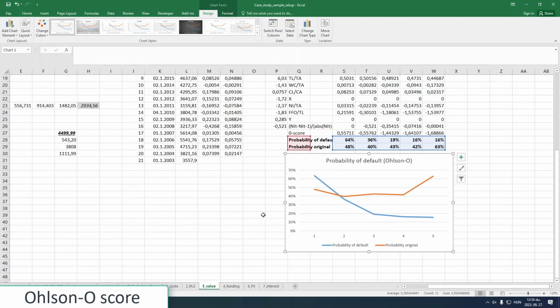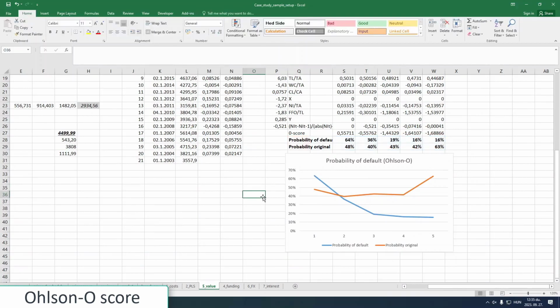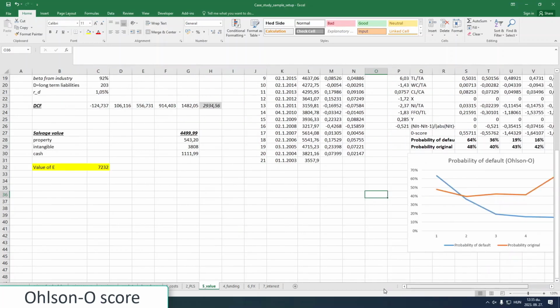So, the end result of this half an hour is that now we can see the added value of the new strategy. So not just the value of the company increase because this is the new value.